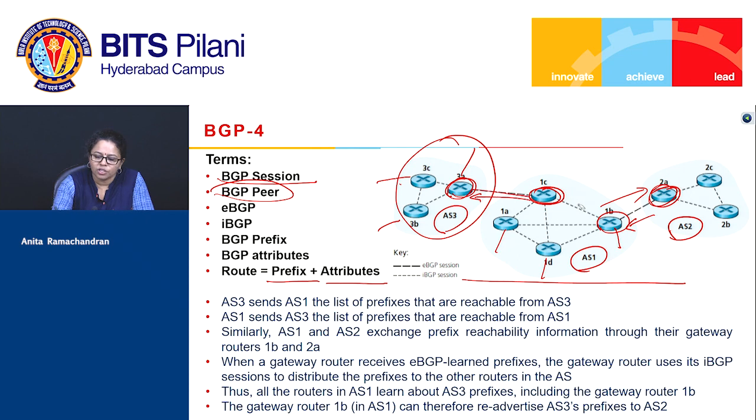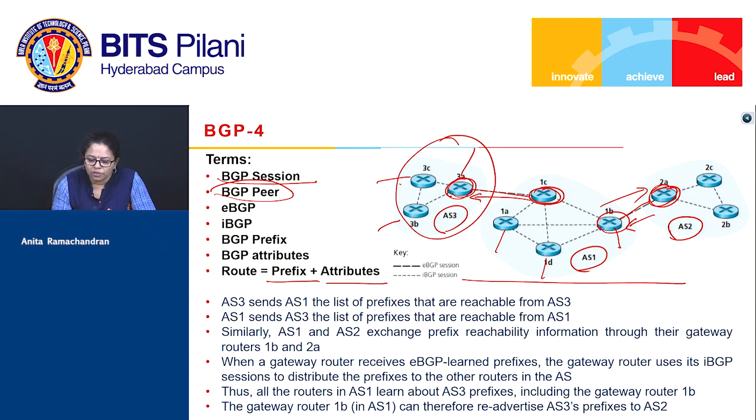There is a BGP session between 3A and 1C, and between 1B and 2A also. Those BGP sessions are called eBGP sessions because they are between two routers in two AS that are different from each other. So when eBGP peers exchange prefix reachability information, that is how the different AS learn the routes or learn prefixes that are reachable through other AS.